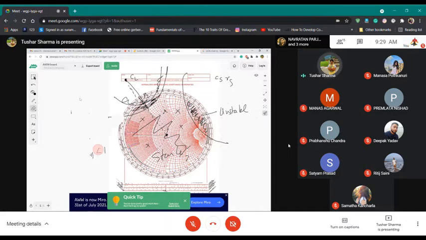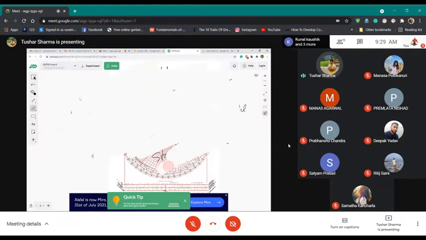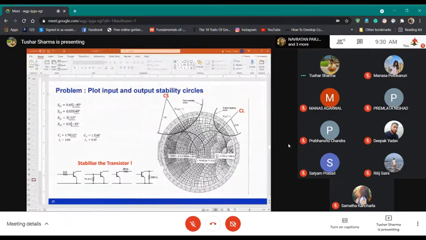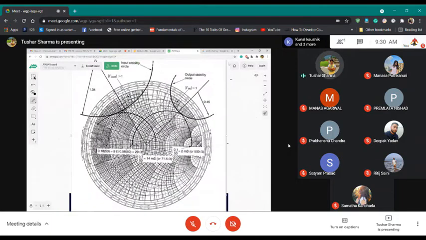We basically saw that in this given example, K is less than 1, delta is less than 1. So I realized my device is unstable. I plotted my gamma S and gamma L circles, and I saw that my device is unstable. Now, once you know your device is unstable, how do you stabilize your device?